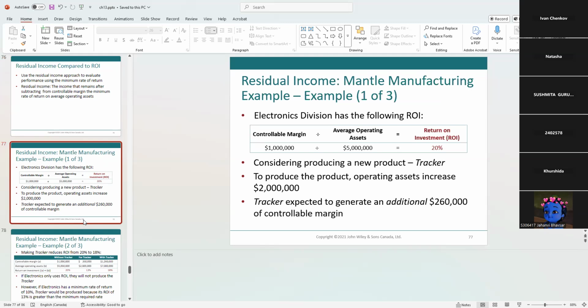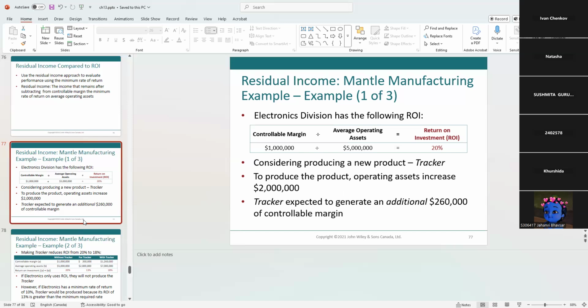So for example, if the controllable margin or income is 1 million and assets are 5 million, return on investment is 20%. This company considers a new project. To produce the product, operating assets will increase by 2 million. In order to get this new product, we have to increase the assets by 2 million.